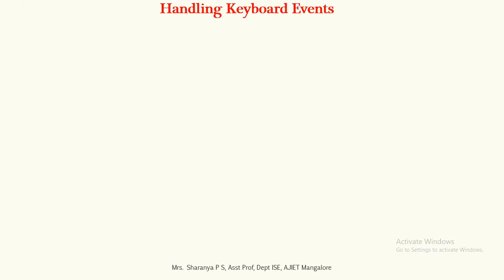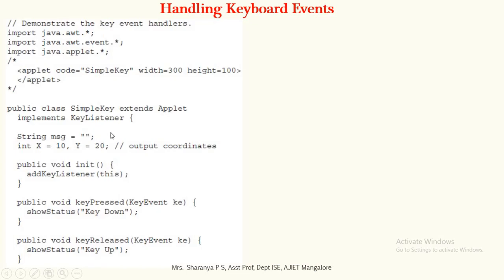Next one, handling the keyboard event. Keyboard events are generated when the user is entering something from the keyboard. There are three different methods defined under KeyListener: keyPressed, keyReleased, and one more, keyTyped.